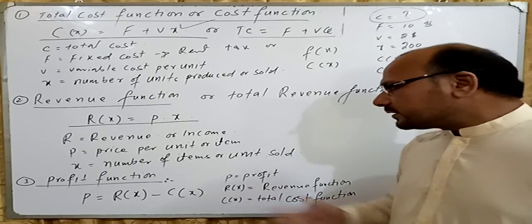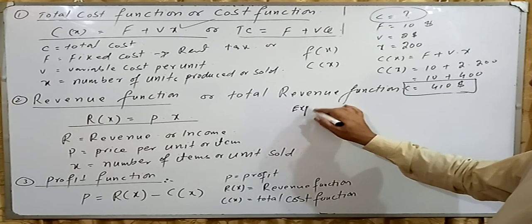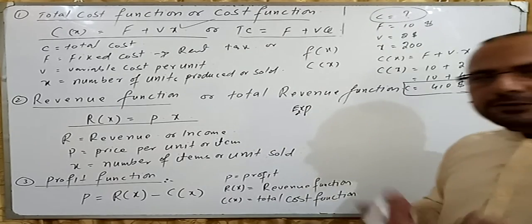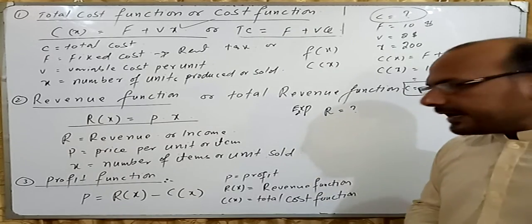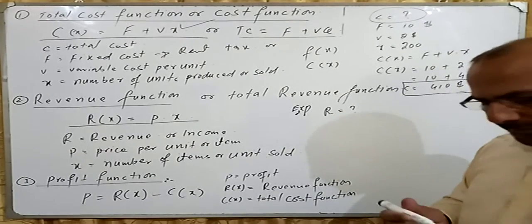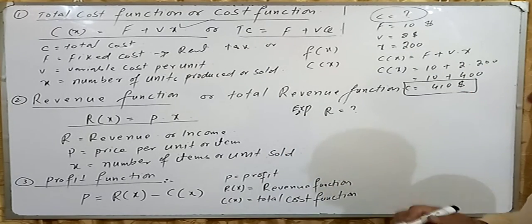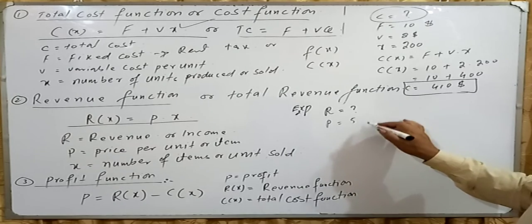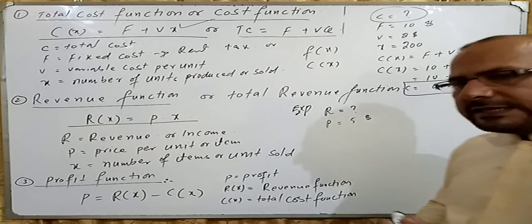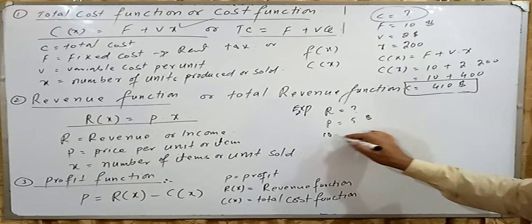So for example, suppose we take an example related to this one. If you need to find out the total revenue, R is unknown, and the price of one marker, suppose this is the product, the price of one marker, meaning price per unit, is $5, and we need to find out the total revenue of 10 markers.